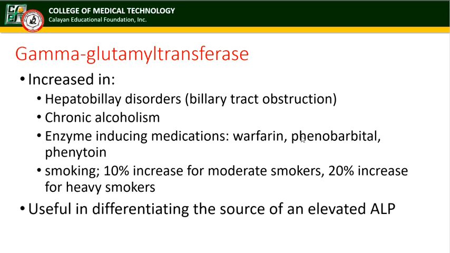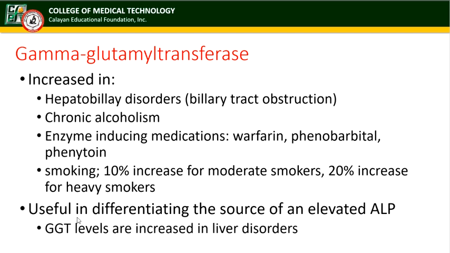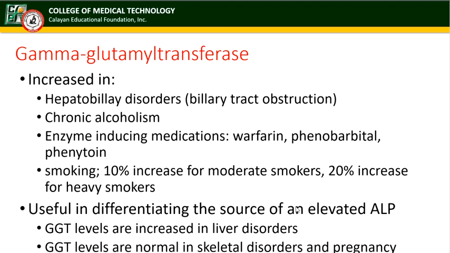So GGT is useful in differentiating the source of elevated ALP. So kapag mataas yung ALP, pwede mong i-check ang ating GGT. So kapag ang GGT ay mataas, so ang probable source ng ating ALP is the liver disorder.